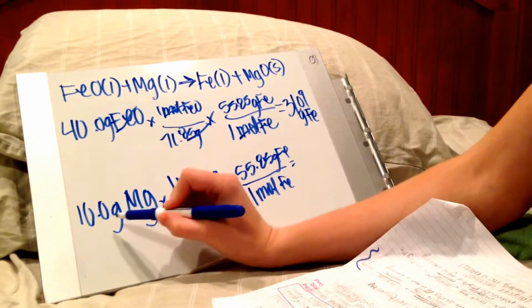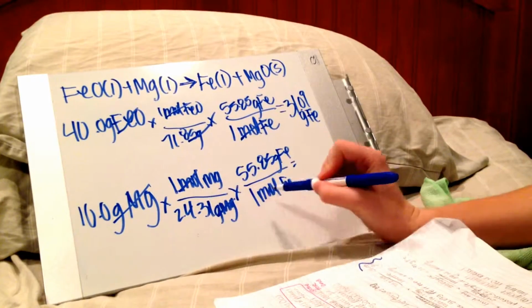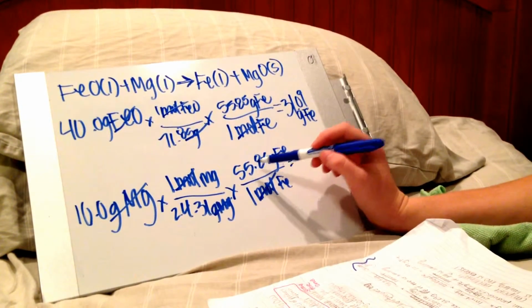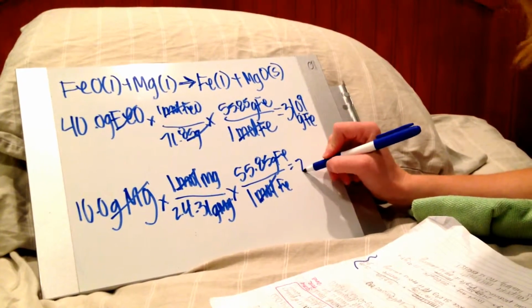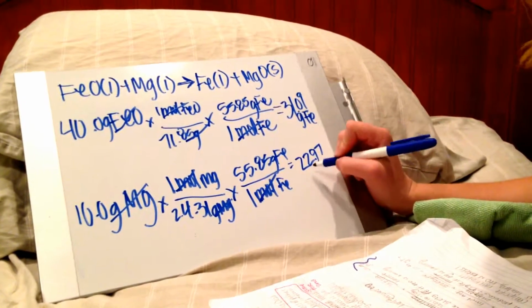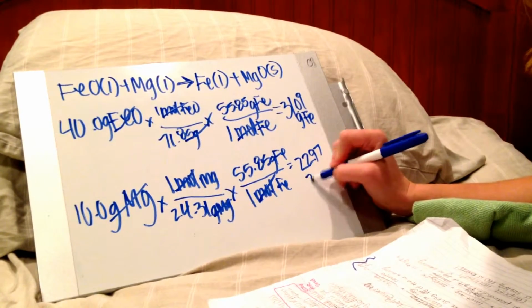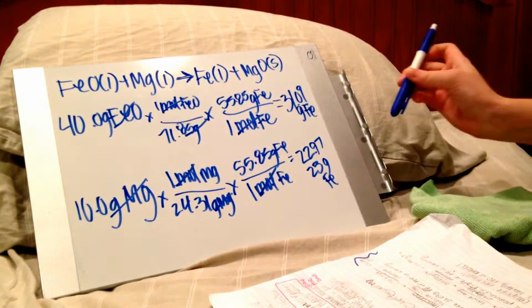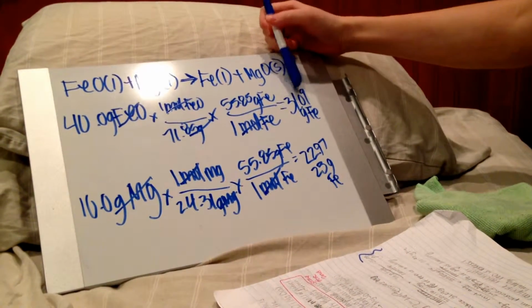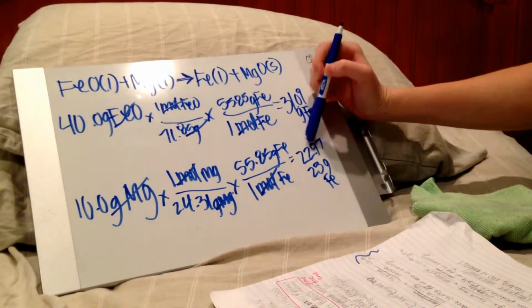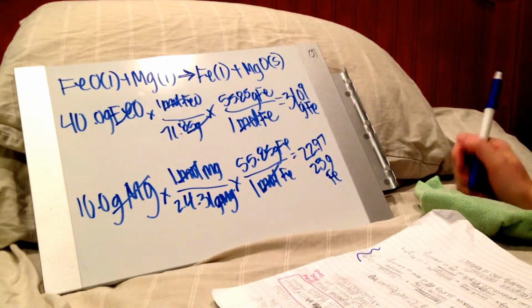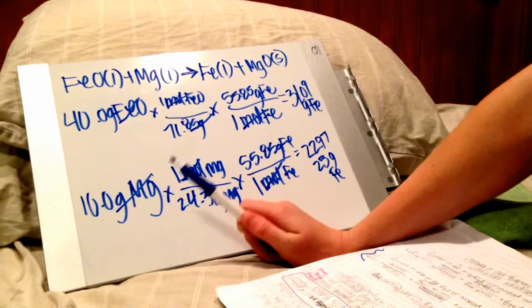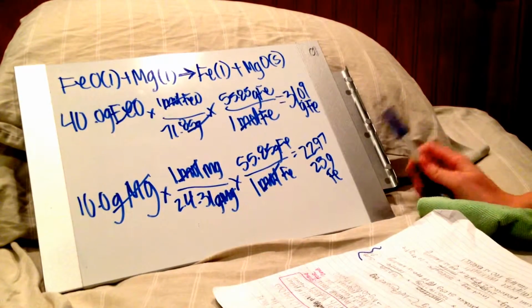And if we do this out, it'll be 10 divided by 24.31 times 55.85. And this is going to give us 22.97. We can round that to 23 grams of iron. So this one will give you less, 23 grams of iron, compared to 31.09. So obviously magnesium is going to be the limiting reactant because it gives you less iron.